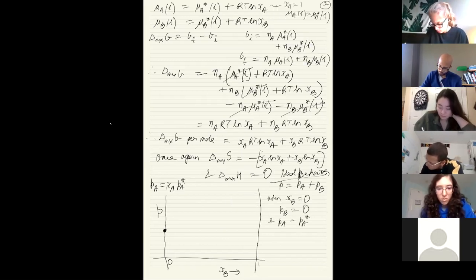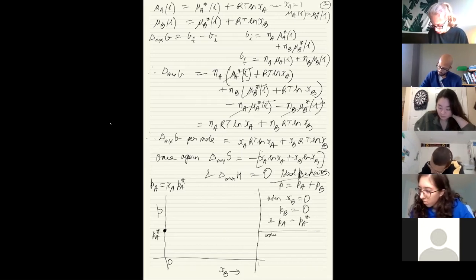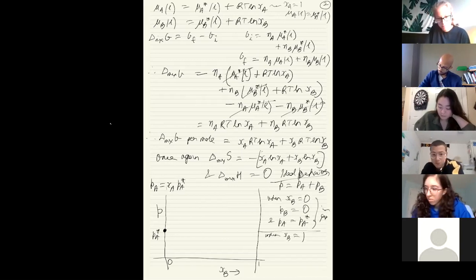So we start over here. P is equal to PA star. And similarly, you can see when XB is equal to 1. This is true in general, the limiting value. Before anyone protests later, what did I scribble here? Let me write it down clearly.